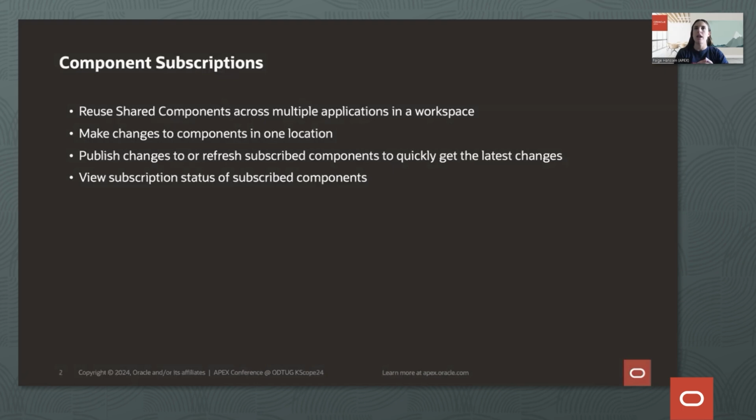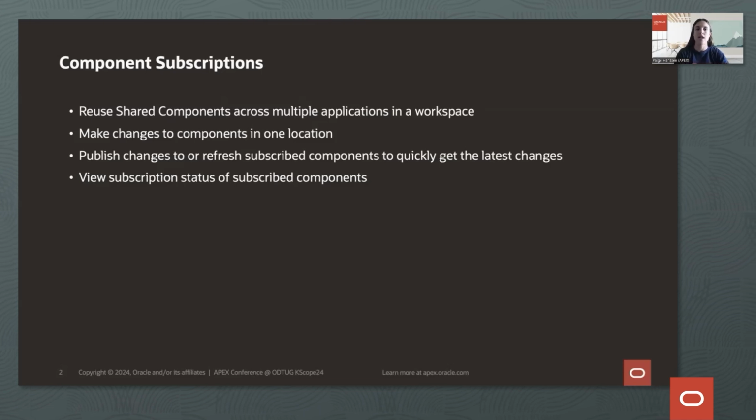This is a feature in Apex that can be really powerful if you know how to use it. It allows you to reuse shared components across multiple apps in a workspace, and you can subscribe to components by copying them from other applications, and there's a subscribe option when you copy that component. It's very easy to use if you know where it is.